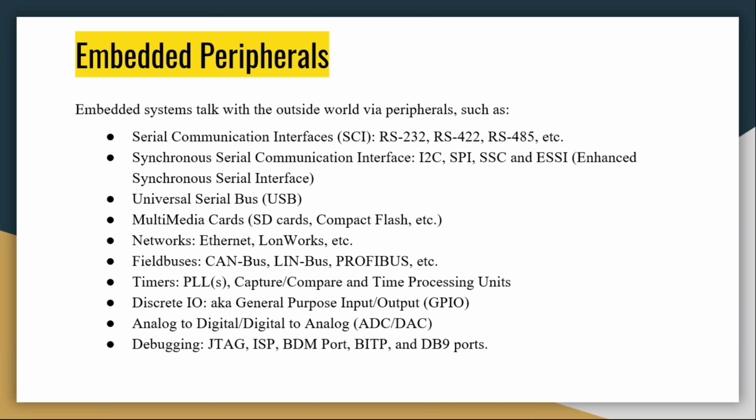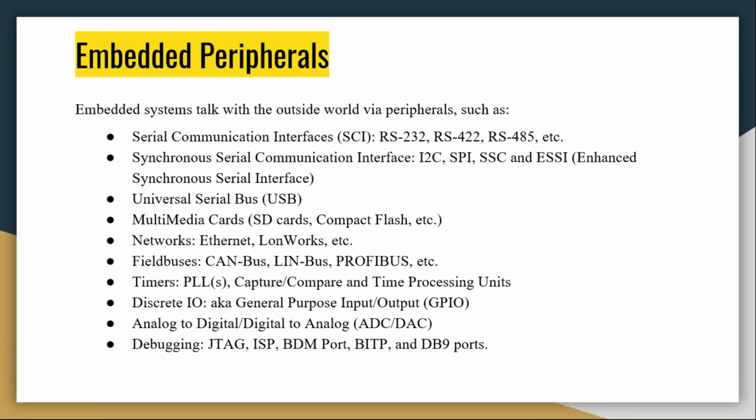Multimedia card means your SD card, which is a storage device. The SD card is an example of this, and CompactFlash. For networks, we have Ethernet, LAN and so on.